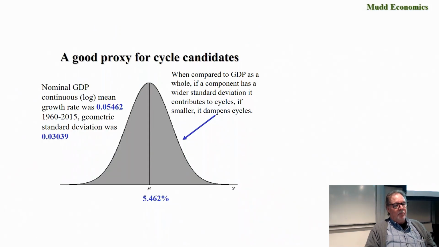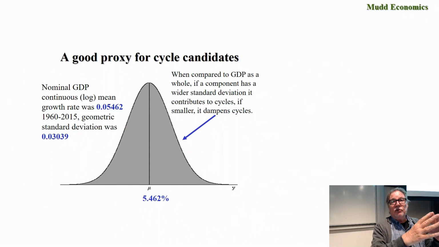Okay, so a proxy for a cycle candidate, for that thing that causes the business cycle, will be the standard deviation of the log growth rate of that component over, say, the last 20 years or the last 10 years. And we say, well, if residential construction investment has a really high standard deviation and medical services has a really low standard deviation, then it's residential construction that is contributing more to the business cycle than medical services.